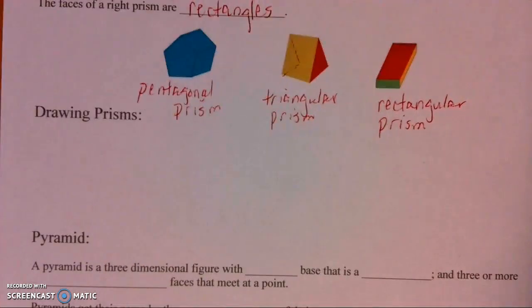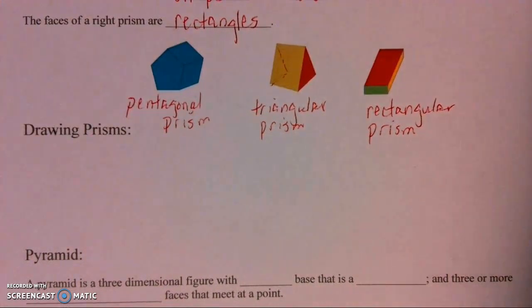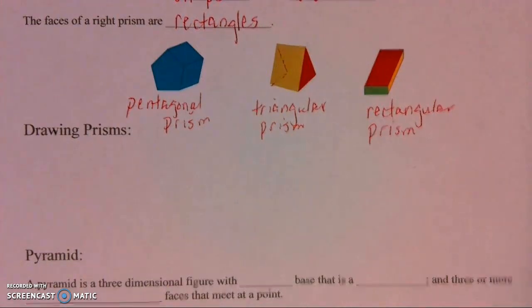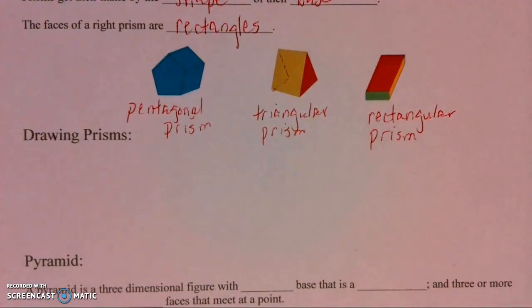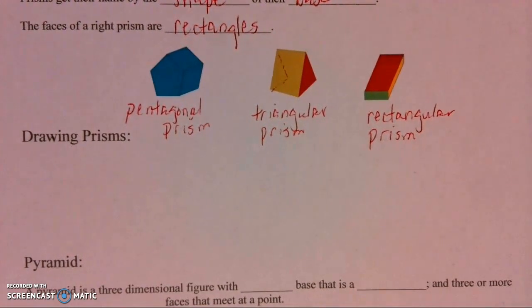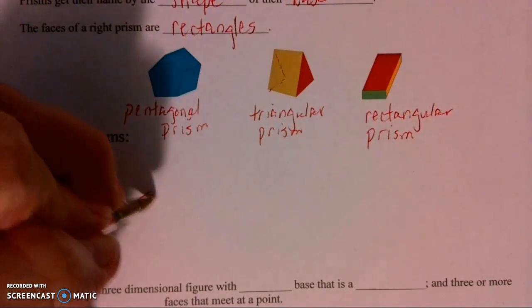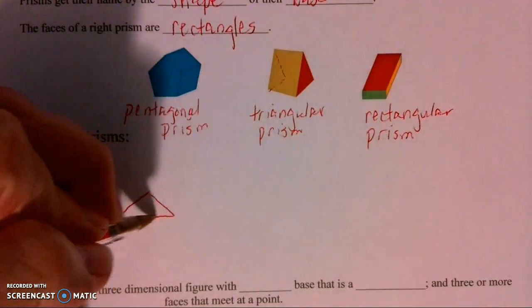Now we can draw prisms. Don't get too worried if you can't do this. Just try it. It's not a huge thing that you need to be able to do right now, but it is something that we can do. So let's say that I want to draw a triangular prism. I'm going to start with my bases, and so I need 2, and they should be congruent triangles.